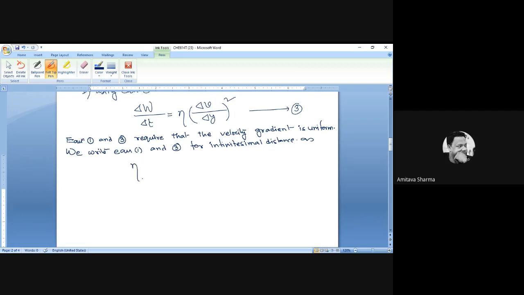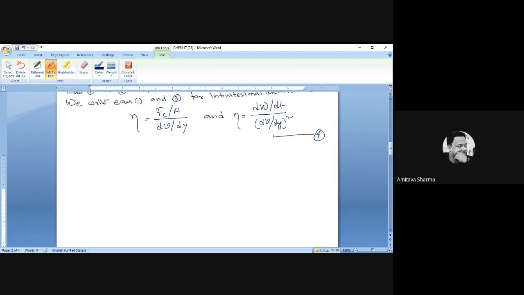We can write that eta equals to, so this is equation 4.